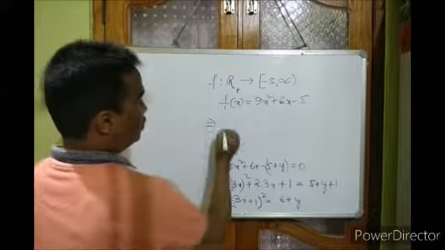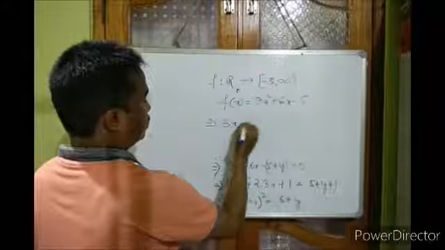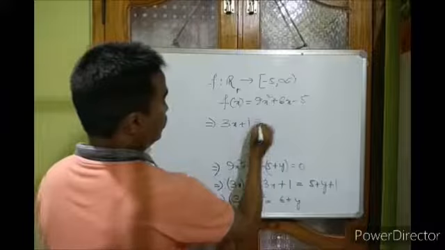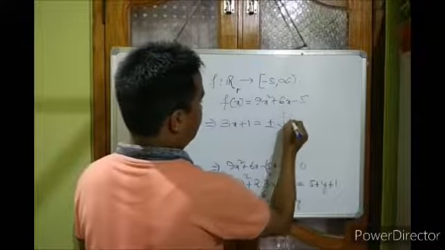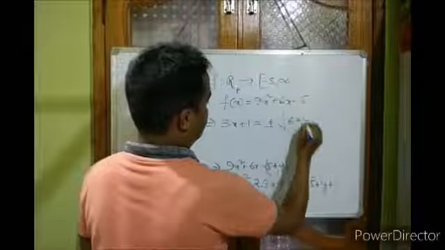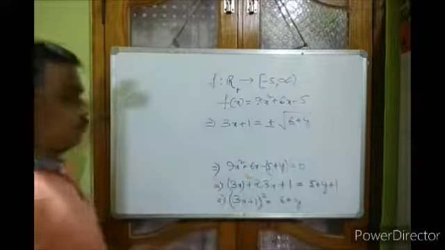This implies 3x plus 1 is equal to plus minus square root of 6 plus y.